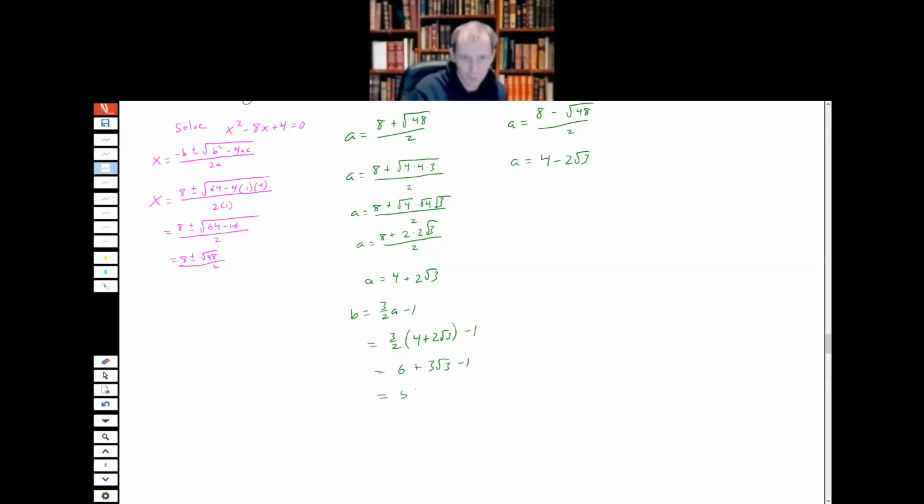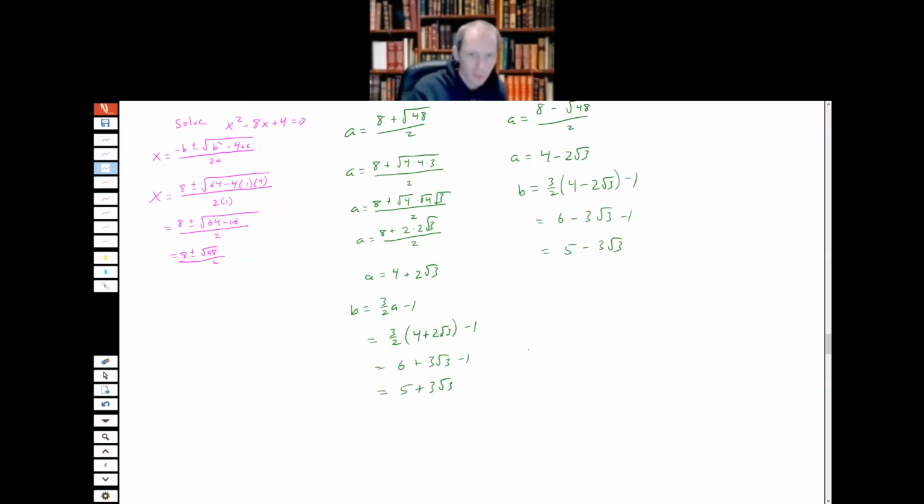So I'm going to get 5 plus 3 root 3. For the other one, we have 3 halves times the value of a, minus 1. 3 halves times 4, if I do the division first, it's easier, makes it 6. 3 halves times 2 root 3, the 2's cancel, so we get minus 3 root 3. And the minus 1's hanging out, so again, I'm going to get 5, and then this time it's minus 3 root 3.